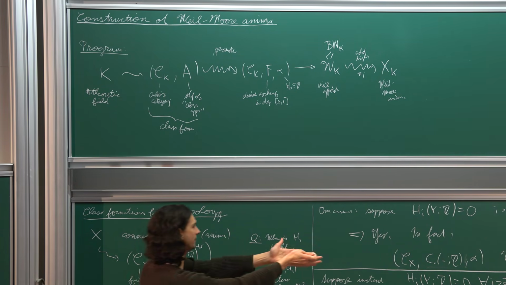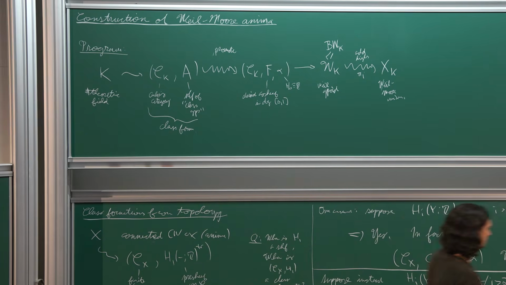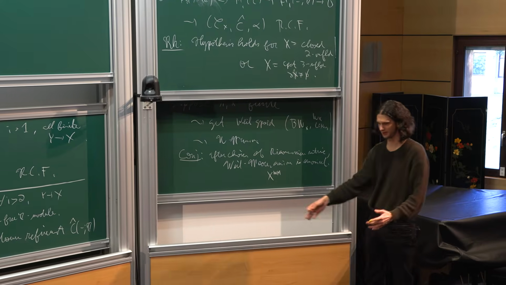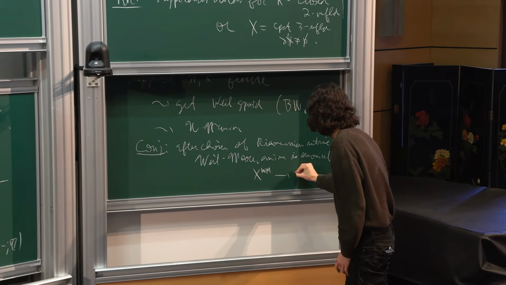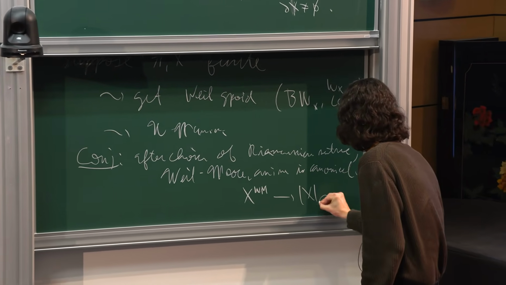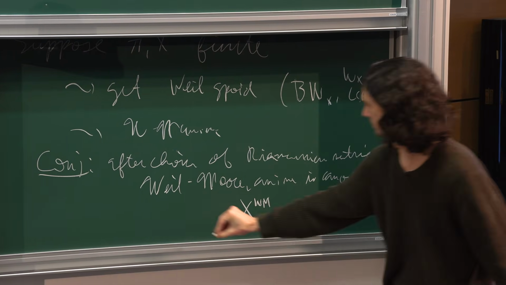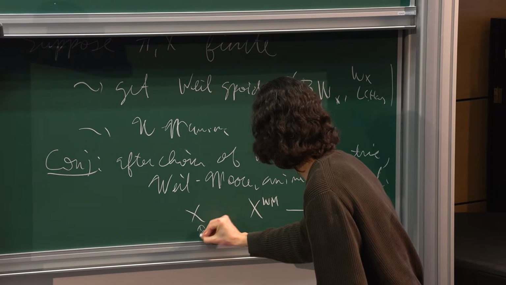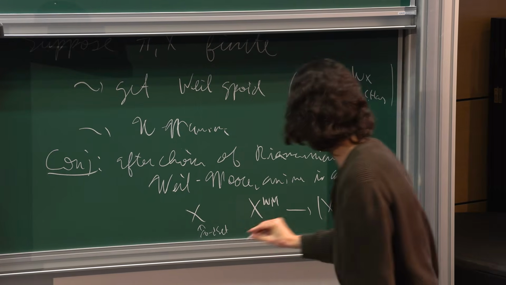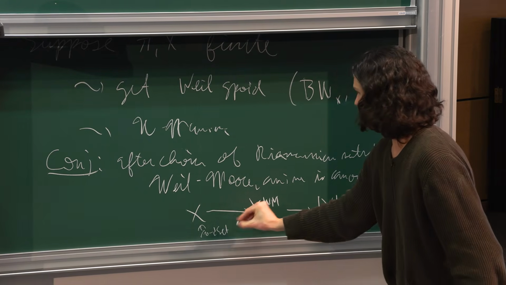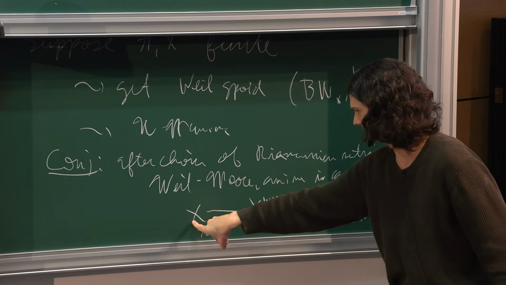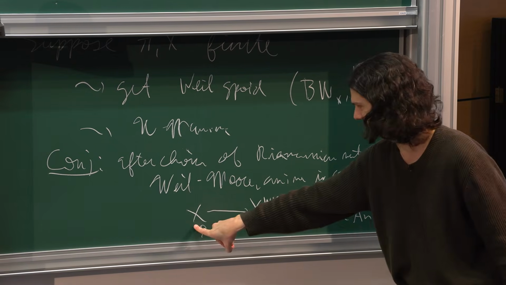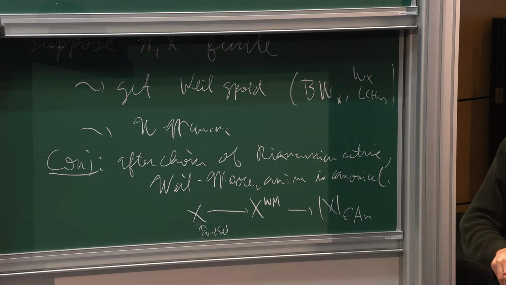So I would hope that this Weil-Moore anima is canonical, and also, so what role could this play? We have the usual homotopy type, so the usual anima of X, but we also have the topological space X, or the condensed set, which we can view as a condensed anima. And there's of course always a map from a manifold to its homotopy type, so from the condensed set underlying a manifold to the anima underlying the manifold.